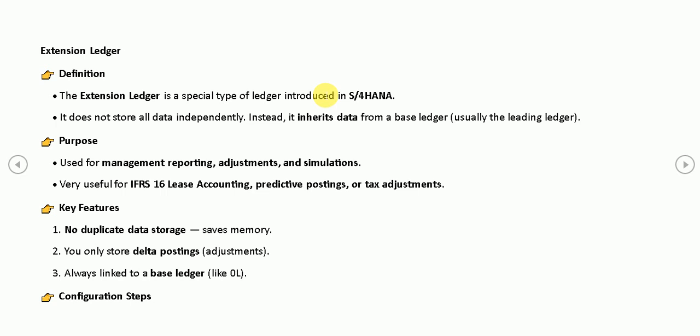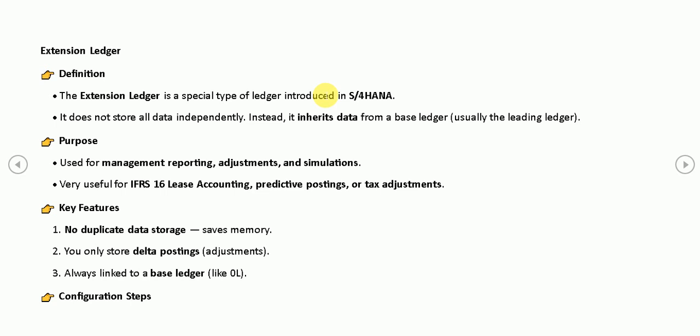Now we go with the extension ledger and its definition. The extension ledger is a special type of ledger introduced in SAP S/4HANA. What is the purpose of it? It does not store all data independently, so we cannot store any data in that extension ledger.